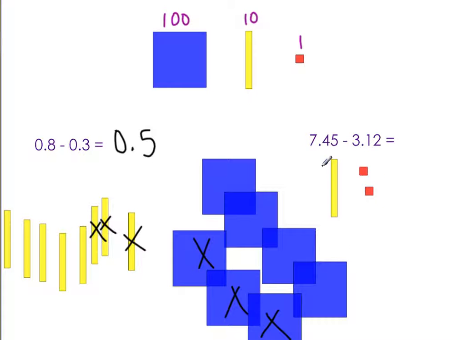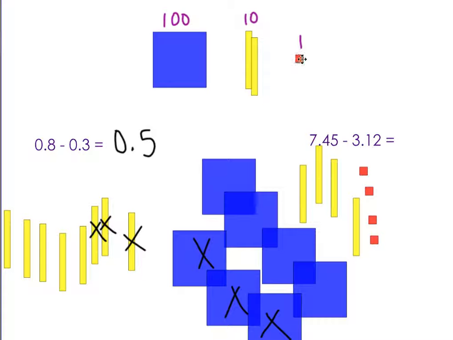I'm representing 7 and 45 hundredths, so I need 4 of these 10 bars. 3, 4, and 5. So that, nope, it's 4. Whoops. 4 tenths. So 1, 2, 3, 4 tenths, and 5 hundredths. So I need 5 red hundredths.